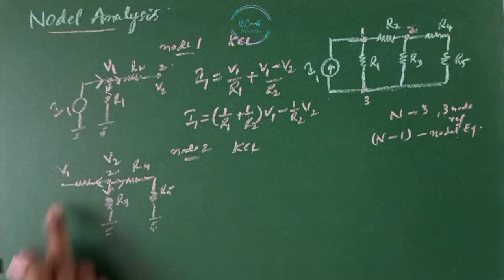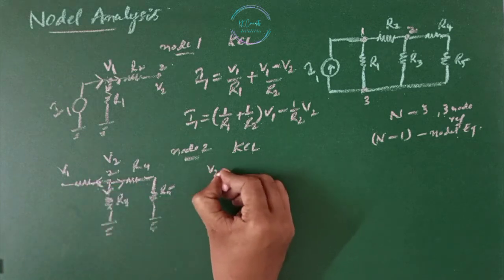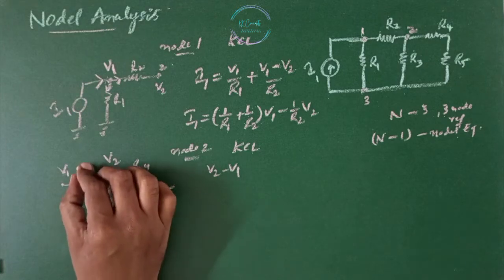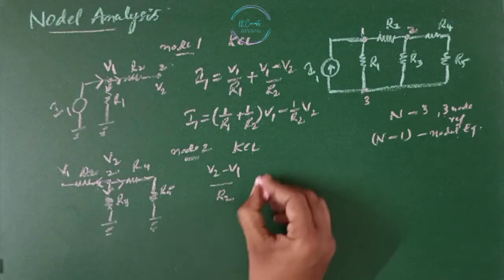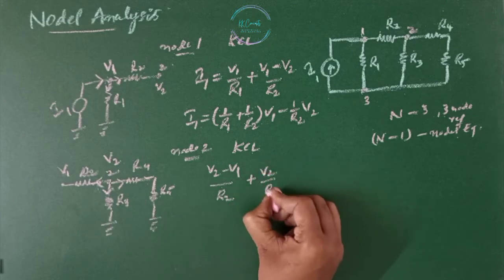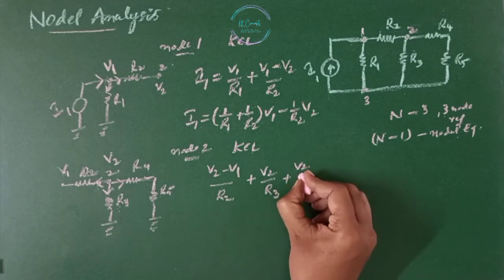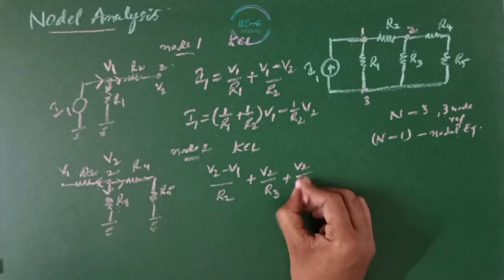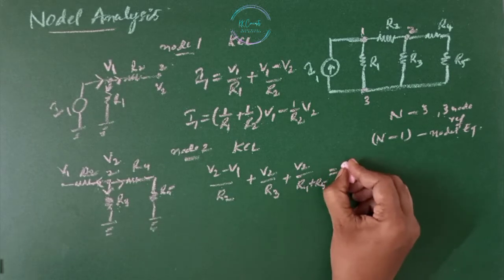Now, at node 2, applying KCL again, the current in this branch is leaving, the current in this branch is also leaving, and the current in this branch is also leaving. So first this branch, that is (V2 minus V1) divided by R2, plus V2 by R3, plus V2 divided by the total resistance R4 plus R5, which equals 0, since there is no current source.